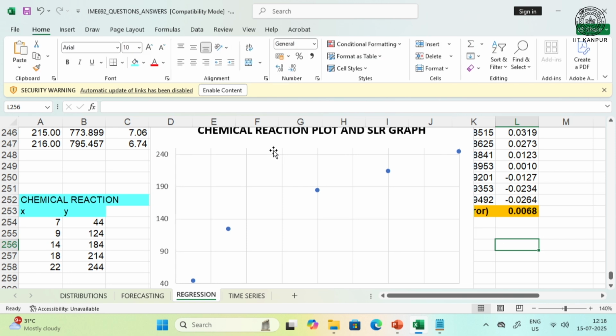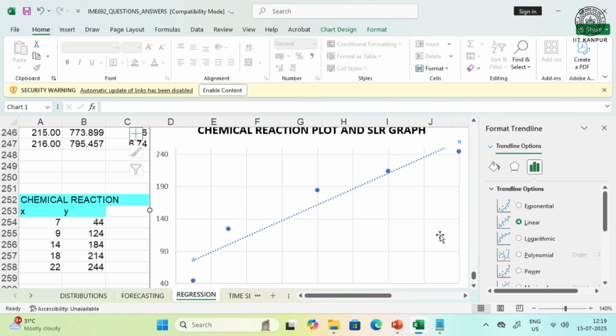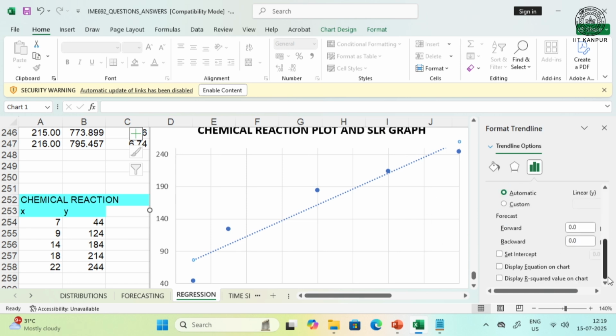Now, I will plot the regression line, so I will add the trend line, linear. Let me display the equation first and also display the intercept.